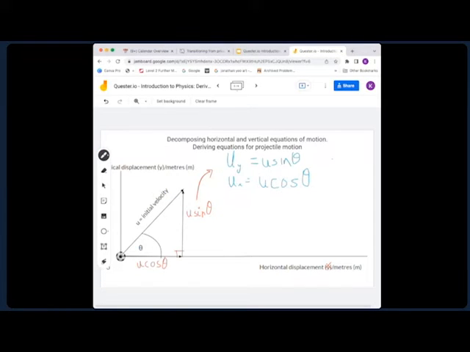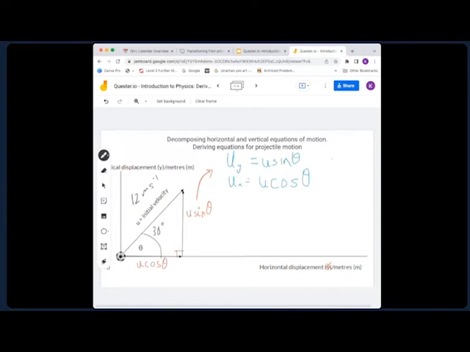Let's imagine that the ball is launched at 12 meters per second, at an angle of, I don't know, 30 degrees, for example.